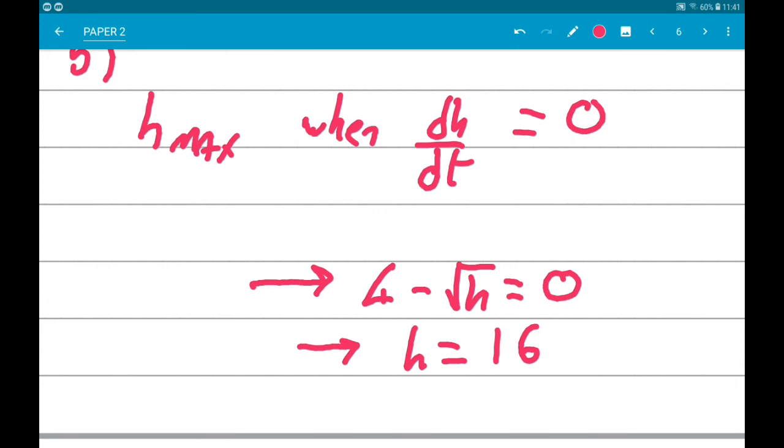So the range of heights is h can be anything from 0 to 16 meters.